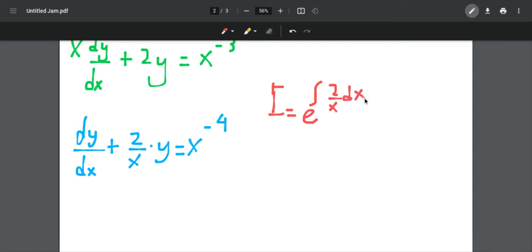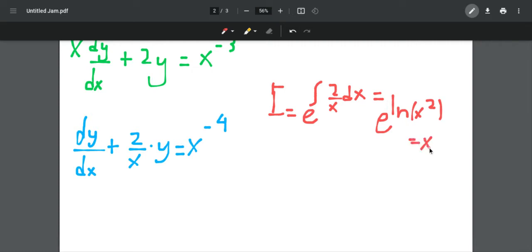We can take the 2 out, and then integrate 1 over x in the x world. We get ln x, so we are left with e to the power of 2 ln x, or better said, e to the power of ln of x squared. Because ln and e cancel, we're just left with x squared.